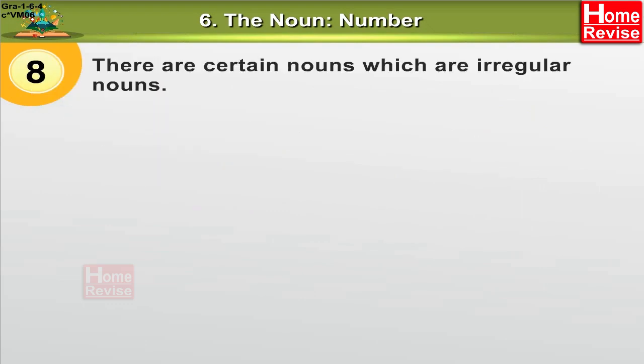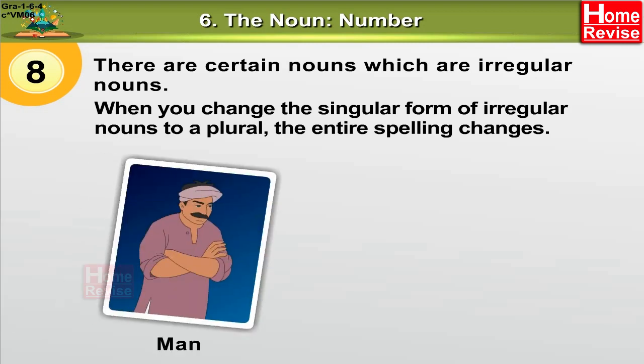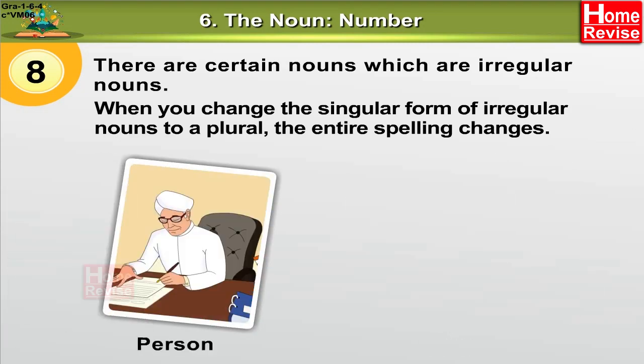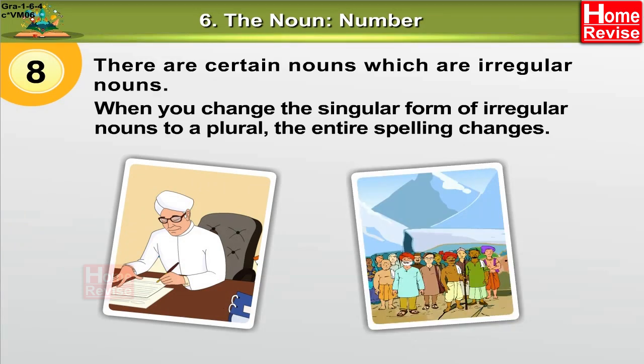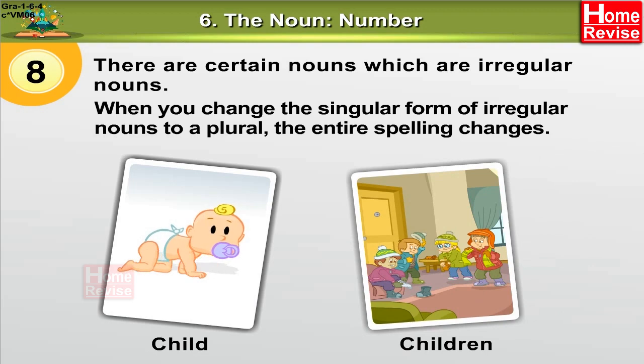Eighth, there are certain nouns which are irregular nouns. That is, when you change the singular form of irregular nouns to a plural, the entire spelling changes. For example, man changes to men, person to people, child changes to children.